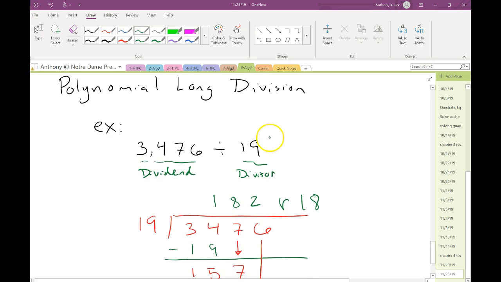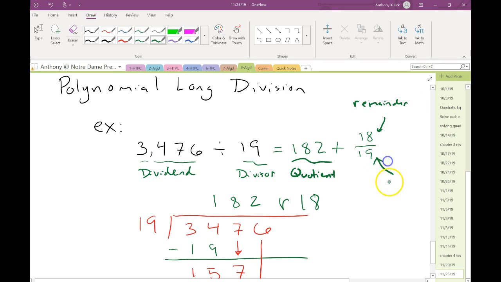So what we said for our final answer then to this problem is this is equal to 182 plus 18 19ths. So remember that this number is called the quotient. Here is our remainder, and this is the divisor once again.